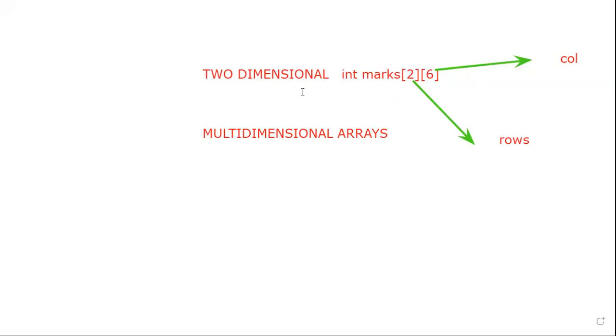But here, what does a two-dimensional array mean? More than one single dimensional array is called a two-dimensional array.